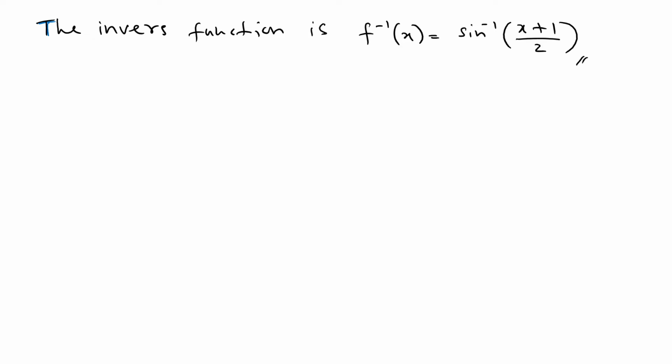That's the inverse function. So we just used the four-step method, but we used the definition of the inverse function, because we know that if x equals sine y, that means y equals sine inverse x. That's the definition. Good.